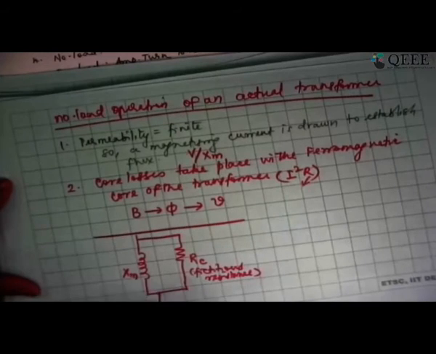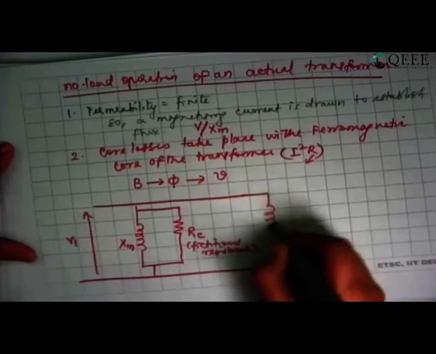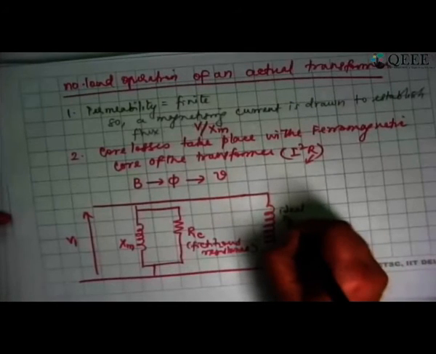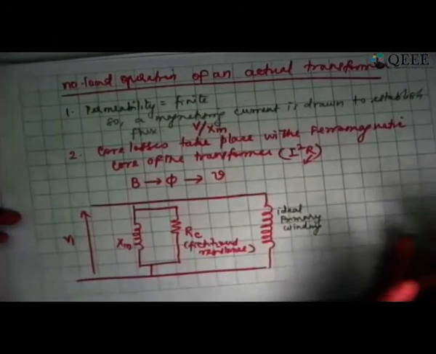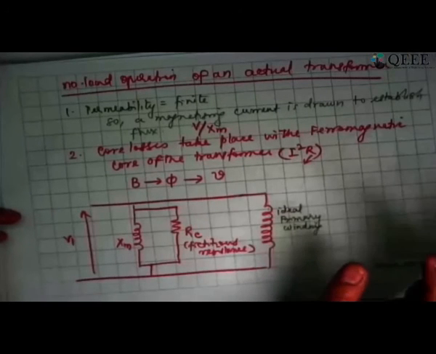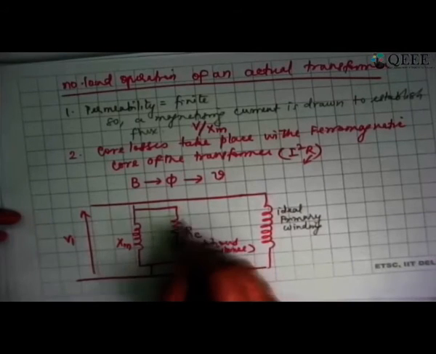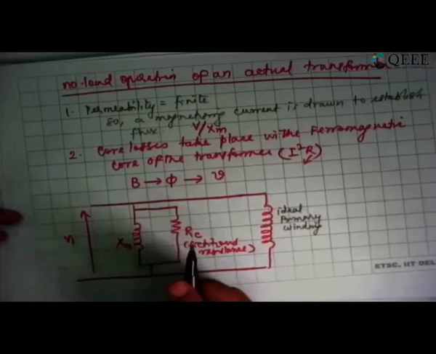And here is my V1 that I am applying. Here is my ideal primary winding, which has an infinite permeability core and no core losses. Core losses I have lumped and shown in the form of RC, and the magnetizing current it is drawing I have shown in the form of Xm here.